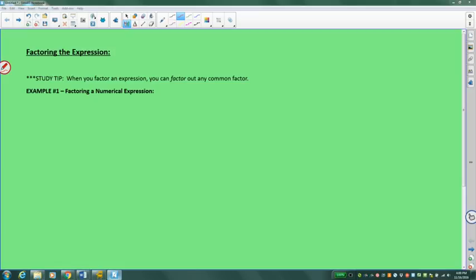Factoring an expression is just undoing the distributive property.